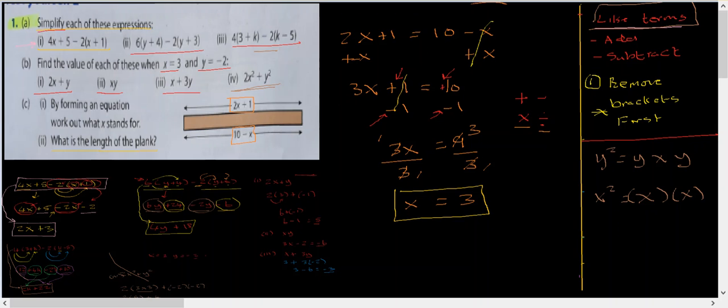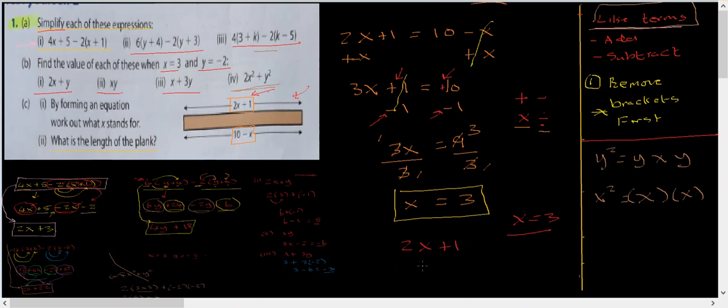All you have to do with this one is take one of the expressions. For example, you can just take this expression, 2x plus 1. 2x plus 1 is equal to the length of the plank, as it tells you here. Now that we know x is equal to 3, we can substitute this value for x into our expression and work out the length of the plank.